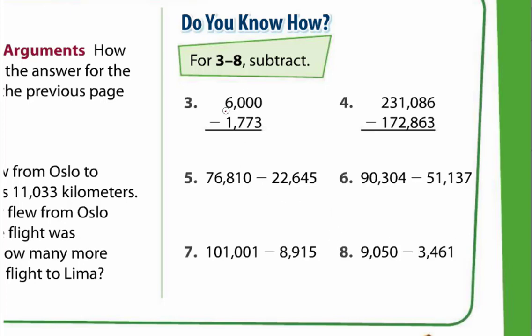So we'll borrow from this 6, it will be 5, and this 0 will be 10. Now we should take from this 10, it will be 9, and the next one will be 10. We should borrow now from this 10, it will be 9, and this 0 will be 10. So the first one will be 10, and the other two in the tens and hundreds will be 9s.